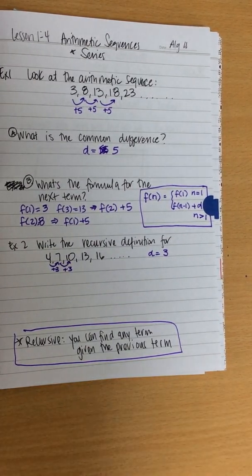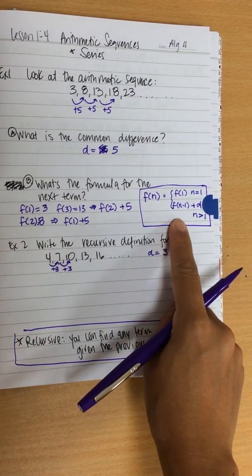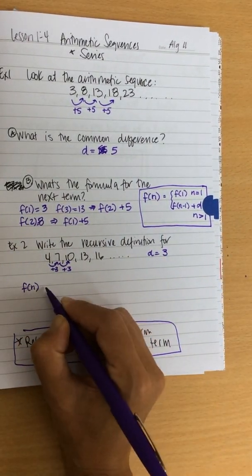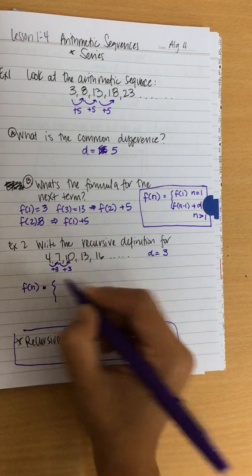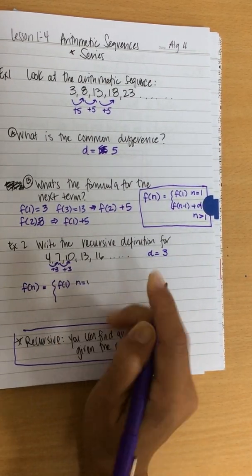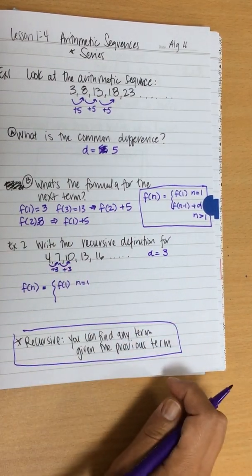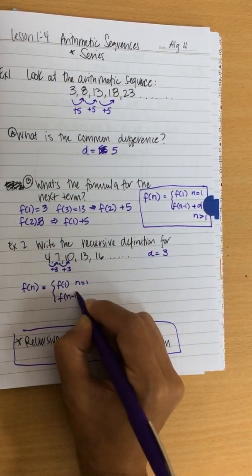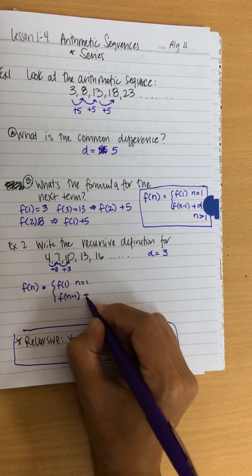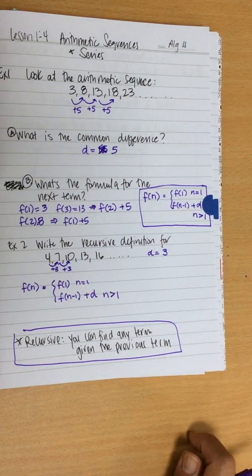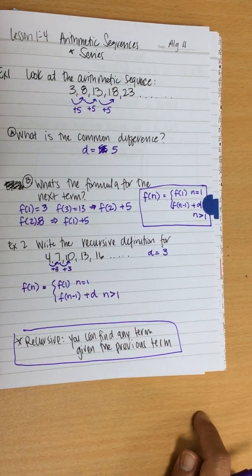So if I'm gonna write it in the same way as this, f sub n equals f of 1 when n equals 1, which in our case is 4, right? And then to find any other term, you just take f of n minus 1 plus d for when n is greater than 1. It's the same as this, right?